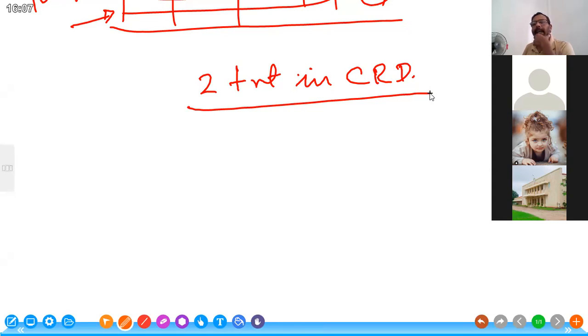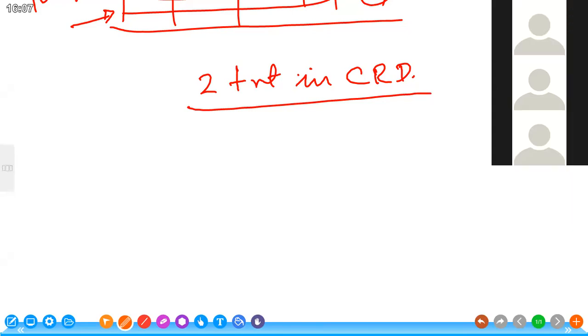Anyone? If I say anyone can answer. Otherwise, I'll have to call the name. Induyalini. Two treatments in CRD. What do you think?